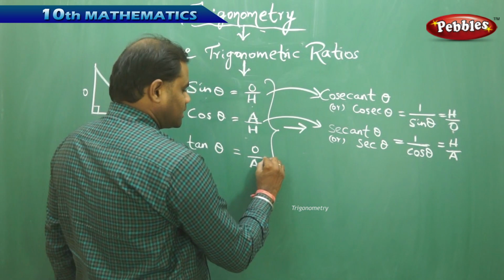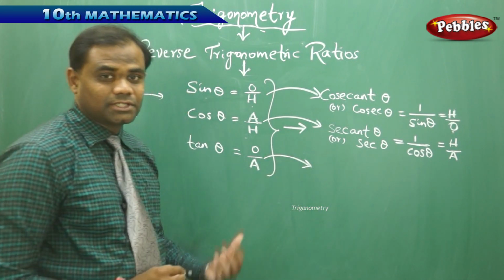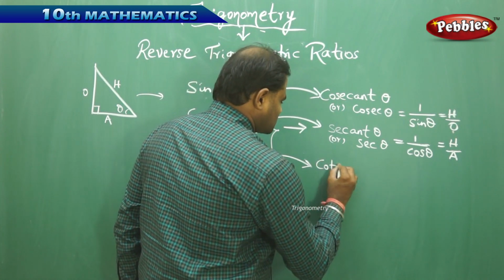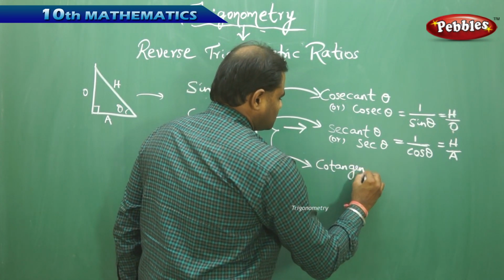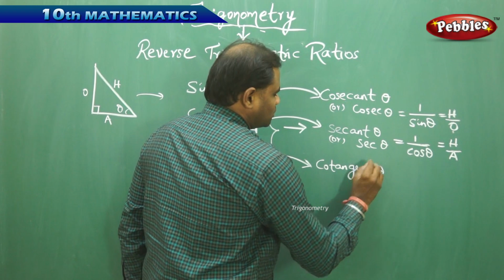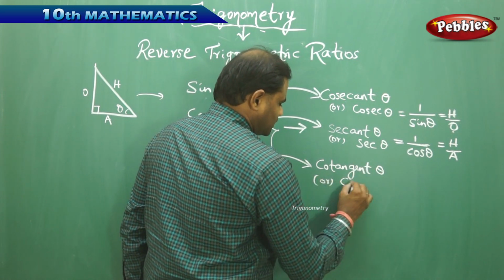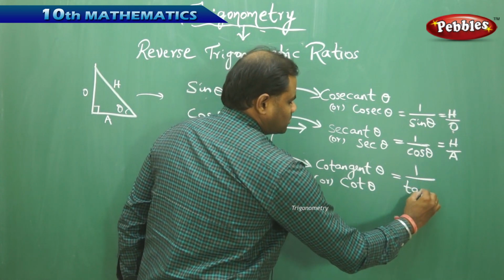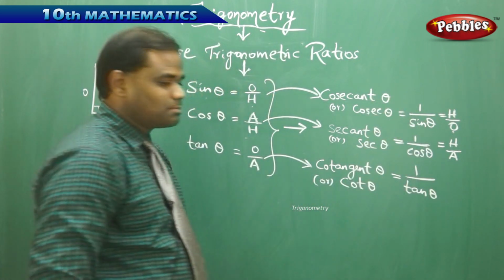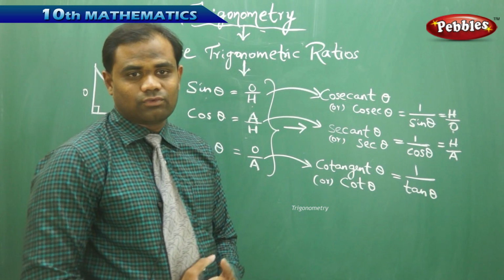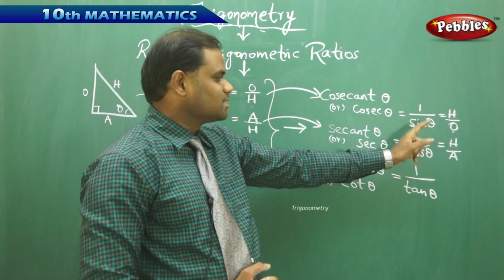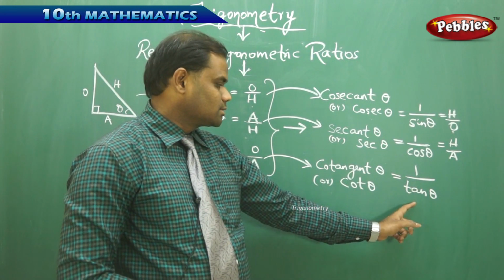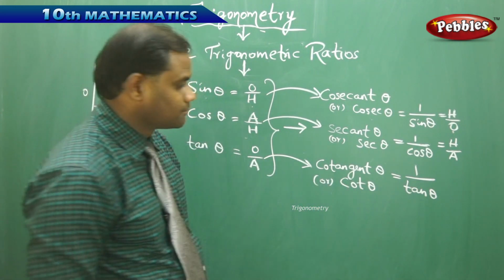Similarly, when I take tan, the reciprocal of tangent theta is called cotangent theta, written in short form as cot theta, which reduces to the reciprocal of tan. So the reciprocal trigonometric ratios have their own formulae, where cosecant is 1 by sine, secant is 1 by cos, and cot or cotangent is 1 by tan.